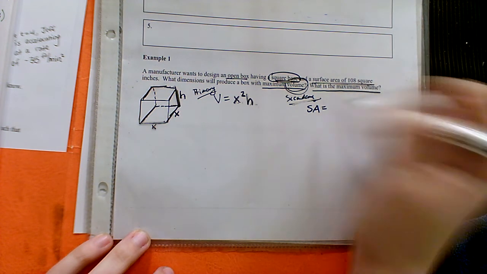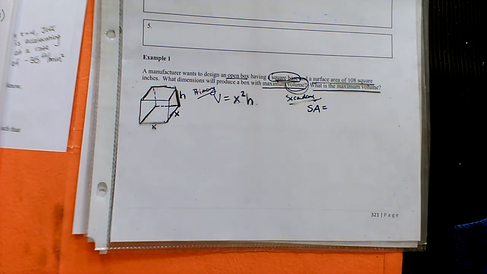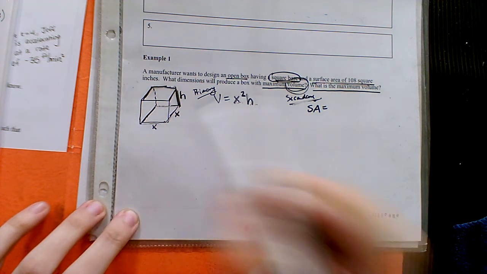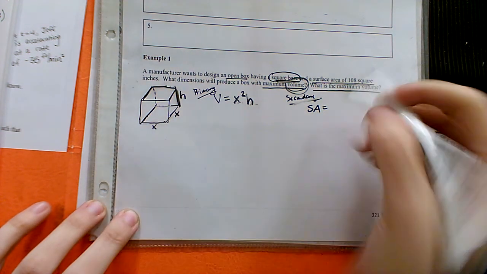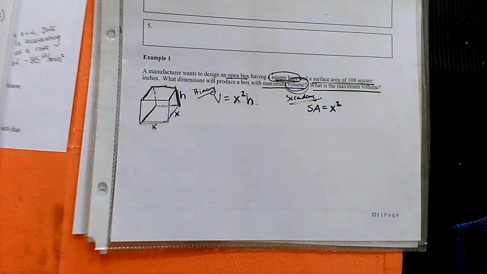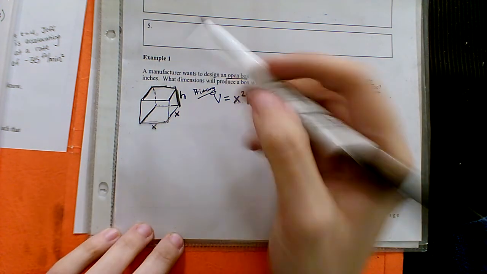So let's see if we can write an equation for the surface area of this box. Surface area is all the individual areas just added up. The area of the base, because it's a square, would be x times x. And then we have these four sides to the box.